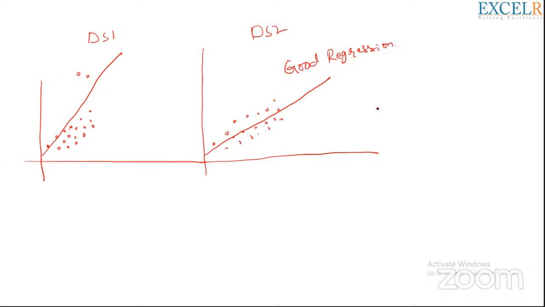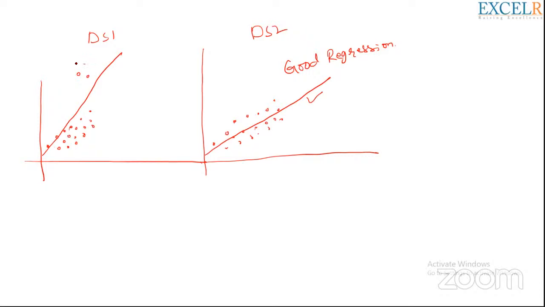But why? Because this regression line is going through the middle of the data points, which is very near to all the data points. And you can say this is a representative of all the data points. But this one is not going through the middle of the data points, and it is not near to the majority of the data points.